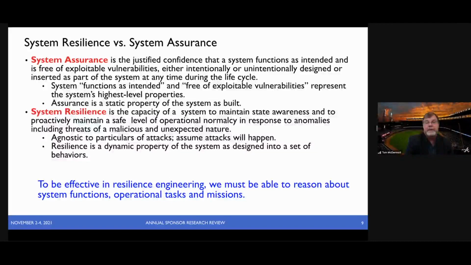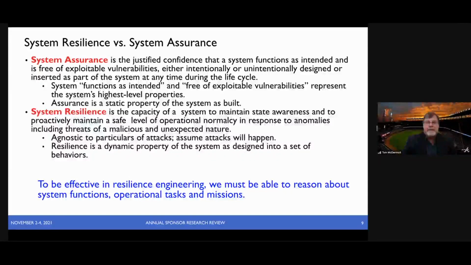And so you can define classes of attacks and classes of responses and assume they'll happen. Resilience is also a dynamic functional property of a system that can be modeled against any type of pattern that would affect it. And so it can expand out to safety, security, fault tolerance. You know, the number of these patterns is a small enough set where we can model them into the system.